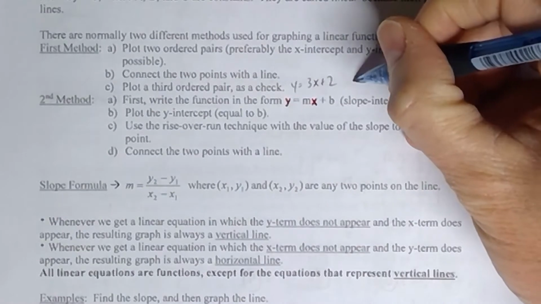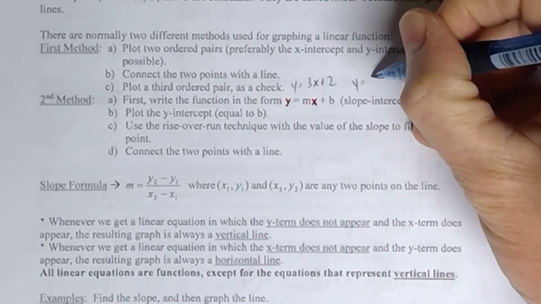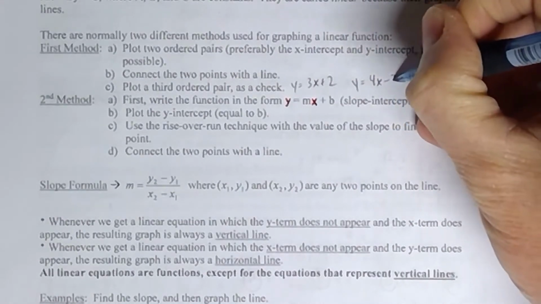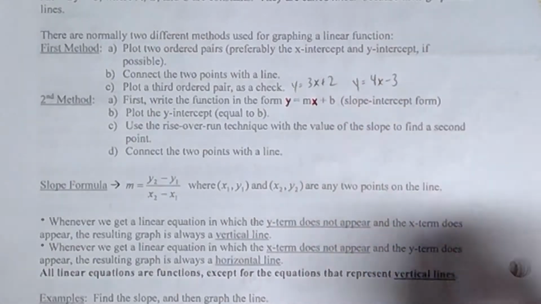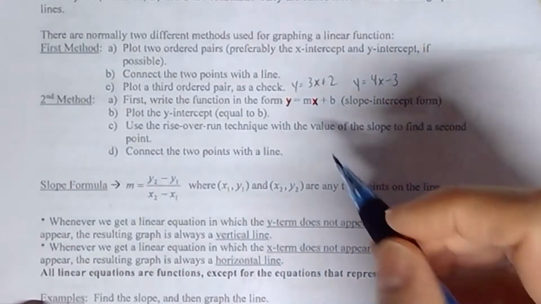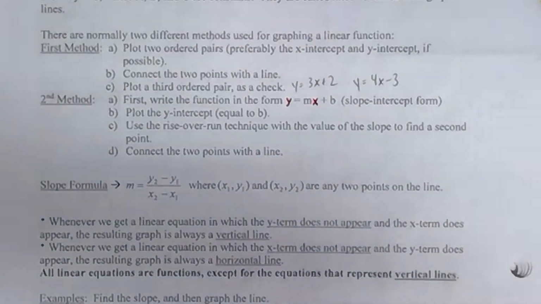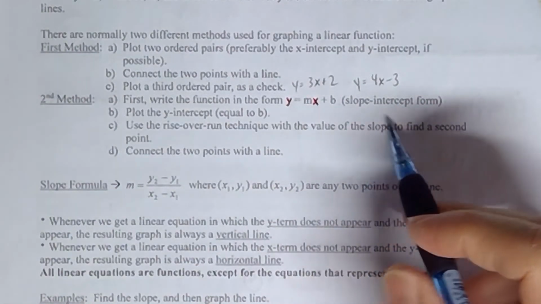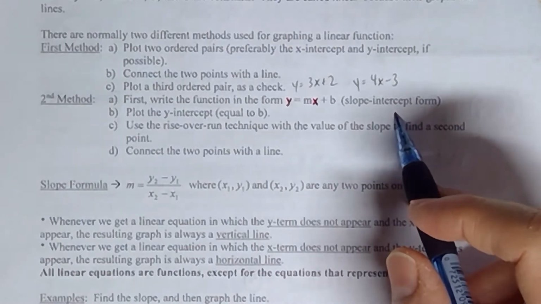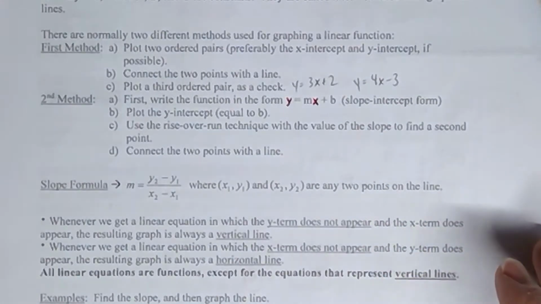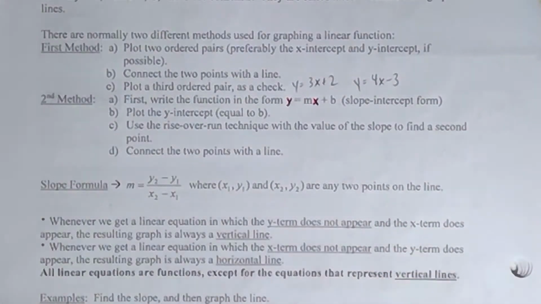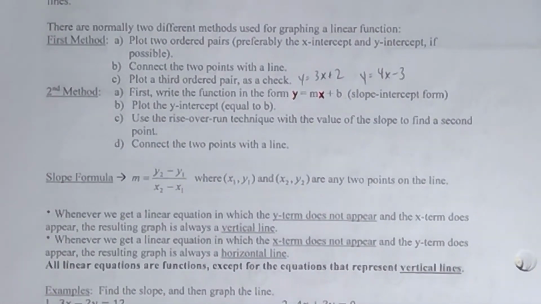It could also be a minus sign right there. For example, you could have 4x minus 3. These are all examples of the mx plus b form, okay, that we need to get it into. You cannot figure out what the slope is, or the intercept as they call it here, until you've done that. So let's get into that form first, and then we'll talk about the slope and the y-intercept and all that stuff.